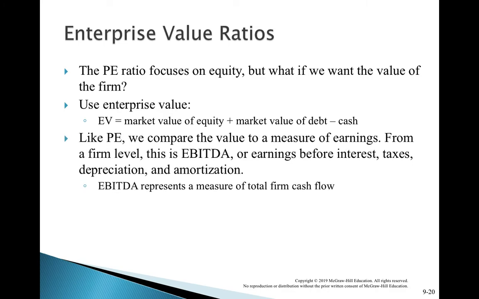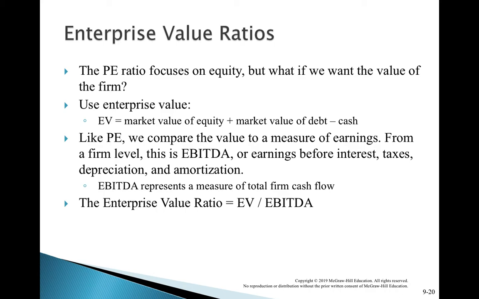Once you get the enterprise value, you can use it to calculate the enterprise value ratio by using the formula enterprise value divided by the whole cash flow to the enterprise, that is EBITDA, earning before interest, tax, depreciation and amortization. So how do you get the EBITDA? EBIT plus depreciation and amortization will give you the EBITDA.